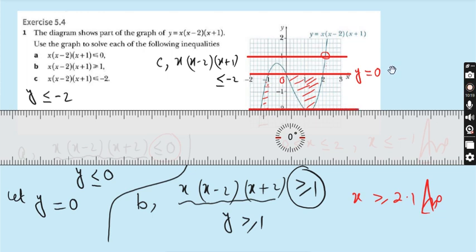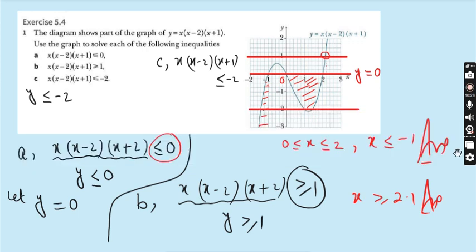Now see the sign of inequality. The sign of inequality is less than. So we have to write all those values of x which is less than minus 2. So you can see carefully, this is the first point of intersection.